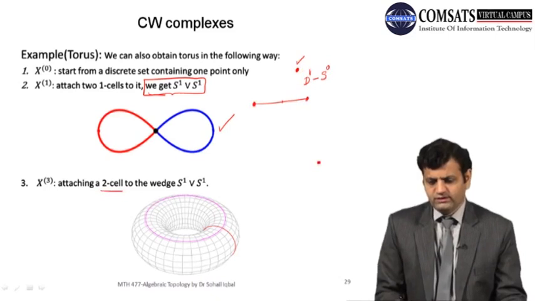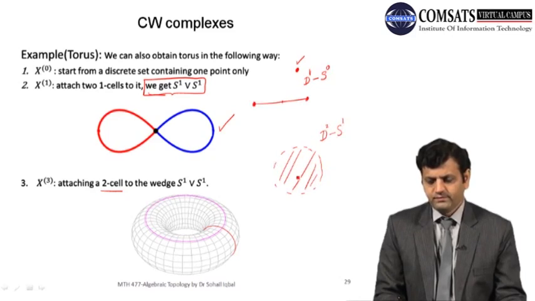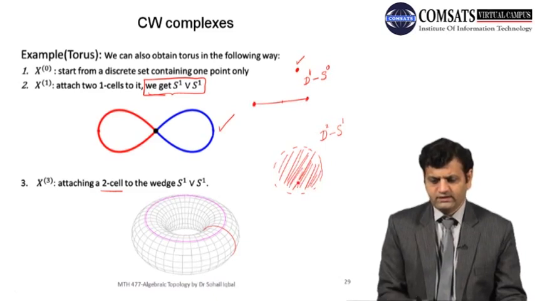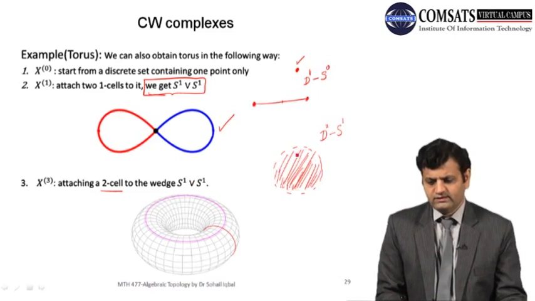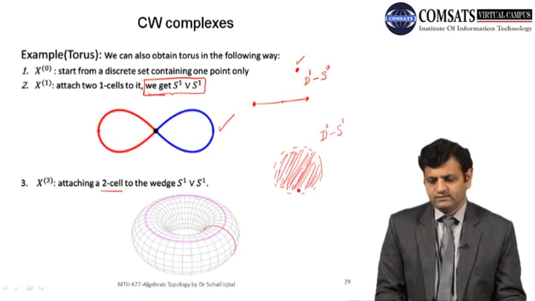Now attach a 2-cell. What is a 2-cell? Basically, take this disk and ignore the boundary. In other words, D2 minus S1. In topology, when we say do some procedure, we assume that this disk, for example, is made of rubber. So you take this open disk which is made of rubber, and then stretch it such that you connect it to these two circles in a way that we obtain a torus.